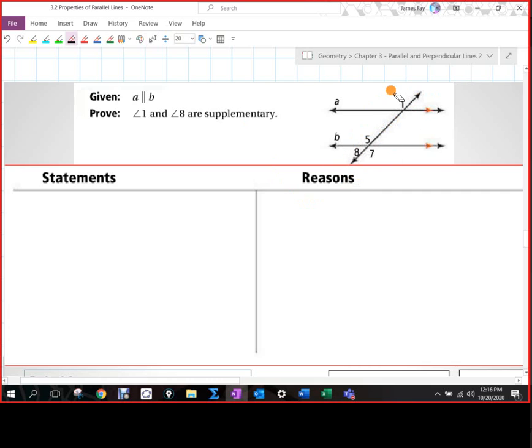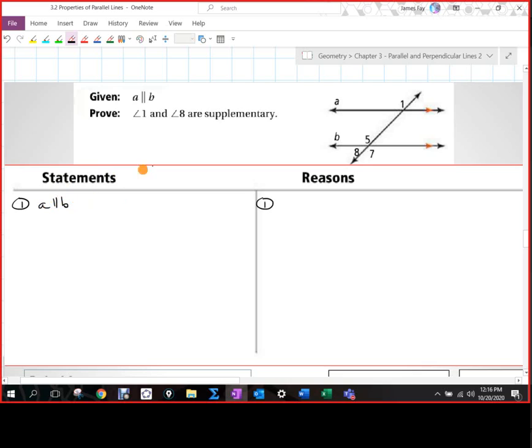So there's a lot of facts out there that we can prove. Only the facts that become very useful to us are the ones that actually become established as theorems. But nonetheless, we can still practice the process of doing a proof with these. So what I want to write is that A is parallel to B. That was my given.